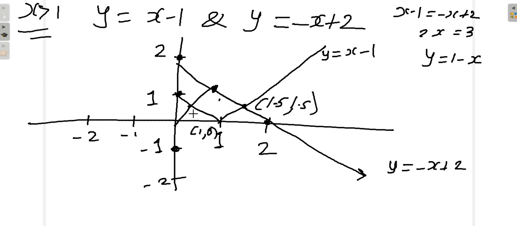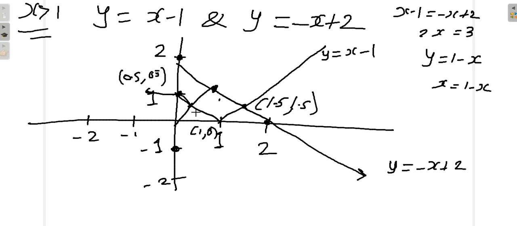This is y equal to x and, sorry, y equal to 1 minus x. So x equal to 1 minus x gives you x equal to 0.5 and y equal to 0.5. So this point will be 0.5, 0.5.